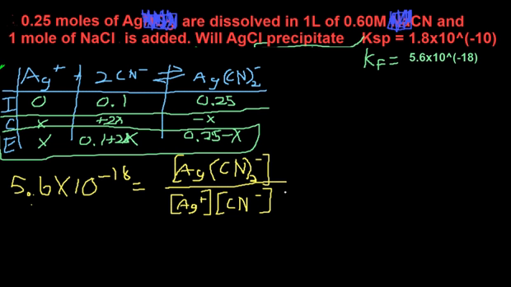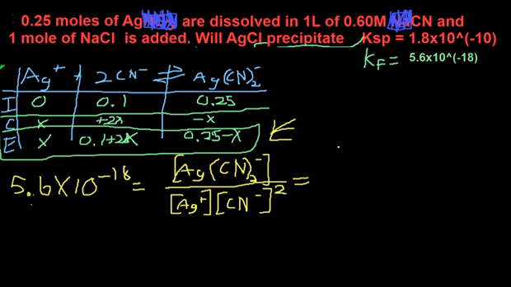We can relate all these three concentrations by our ICE table right here, because it puts them in quantities of x. So we have Ag(CN)2 minus, and also our cyanide is squared. That's important because there's two of them.